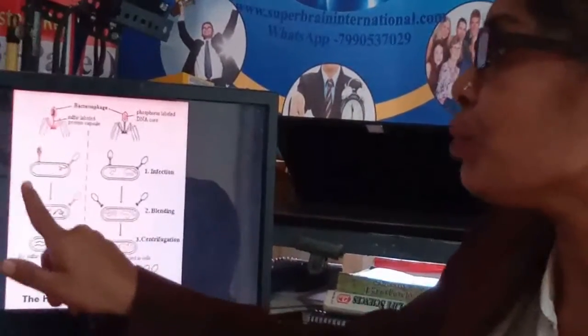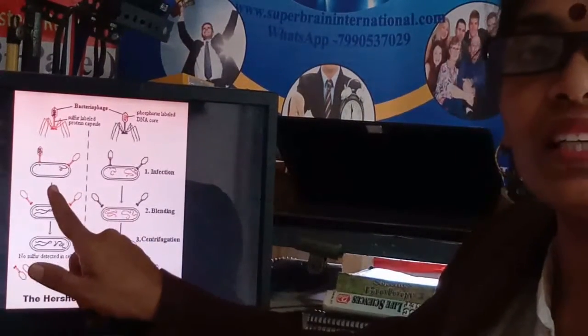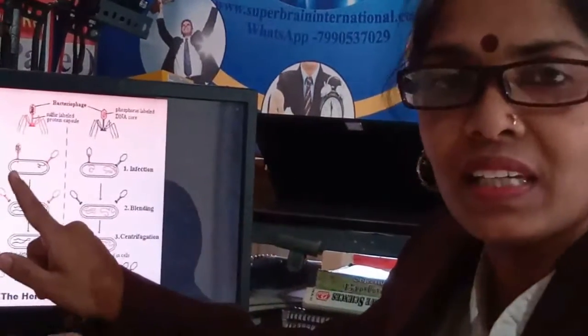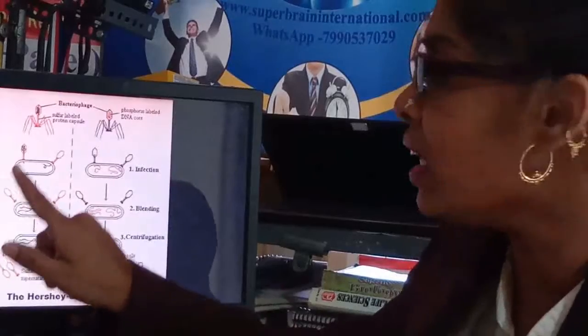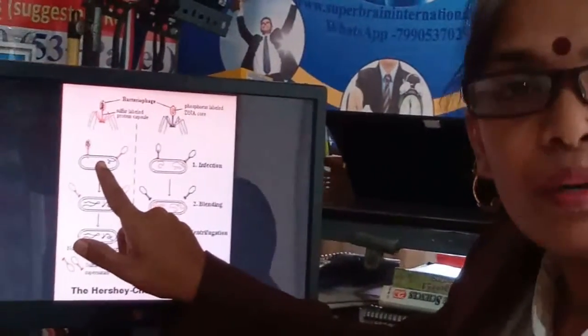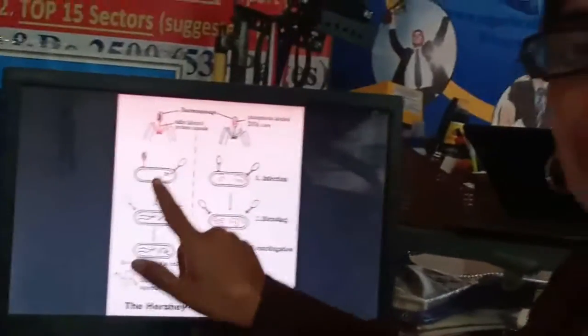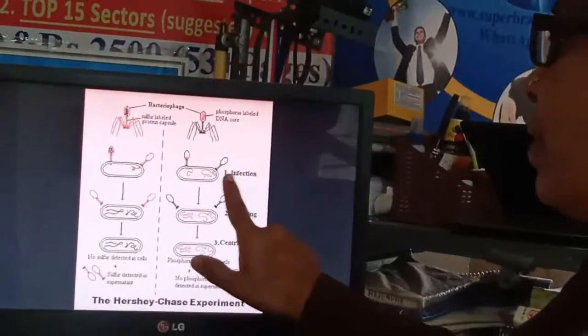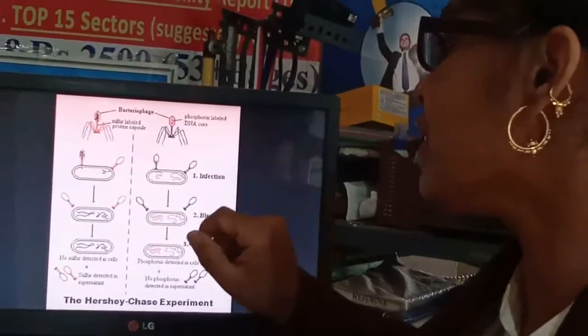They attach to the outer membrane of the bacterial cell and only the transforming material, or the genetic material, enters from the bacteriophage into the bacterial cell. So this is the first step, the infection.